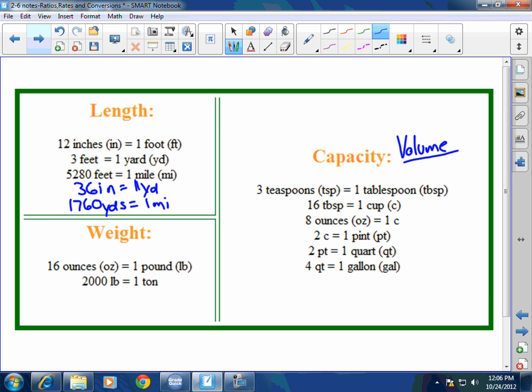Now, these are the conversion factors, guys. Please remember, if I'm going from large to small, you multiply. If you're going from small to large, divide.